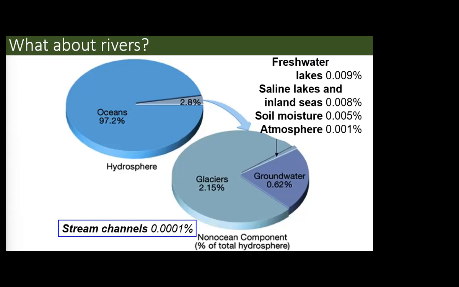And that's such a small percent, but it defines the entire surface of the Earth. Most of life lives near stream channels. Everyone has seen a stream before. And stream channels form the different geomorphic features on planet Earth. So even though it's such a small percent of the water on Earth, it's created such a unique and different surface on the planet that we live, which is pretty crazy.